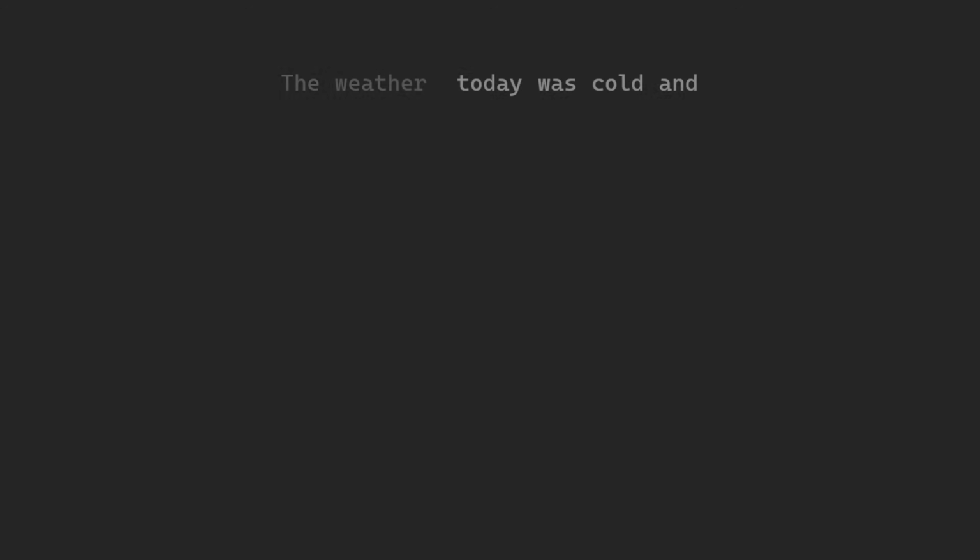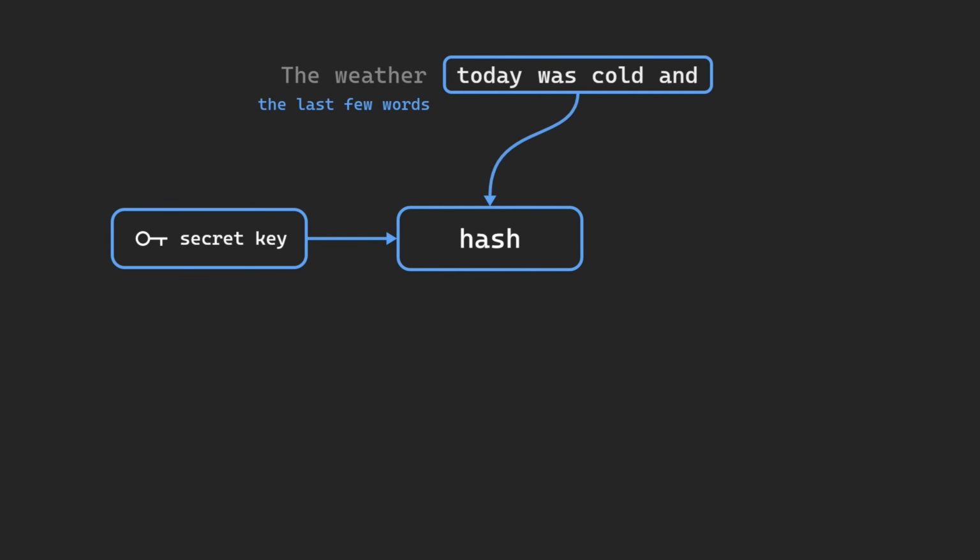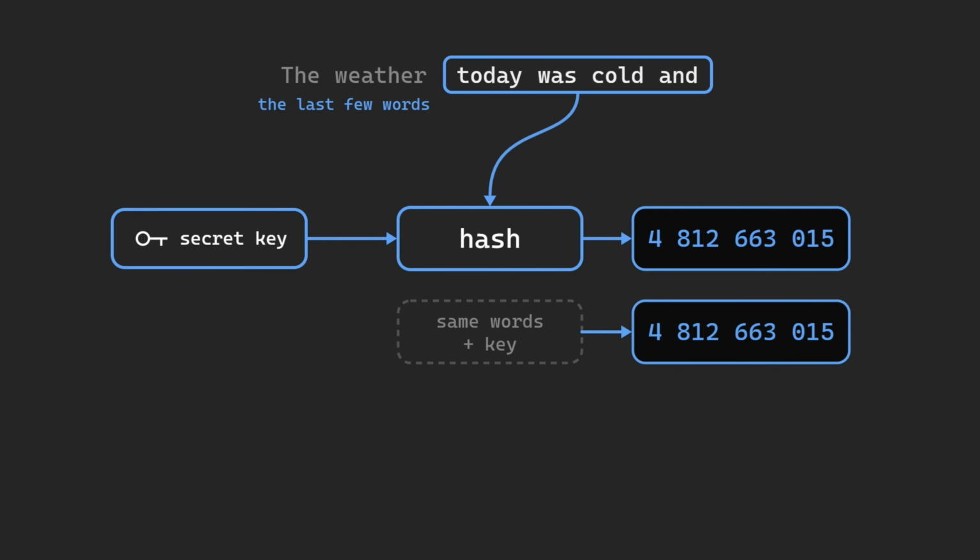As for watermarking, it starts before generating the next word, when the last few words that were already written get hashed together with a secret key. A hash is just a function that turns whatever we feed it into a number, and the same input always gives us the same number back.